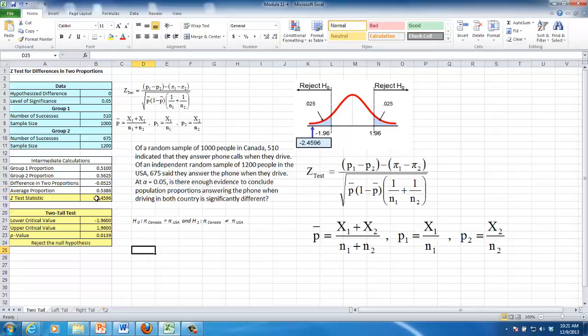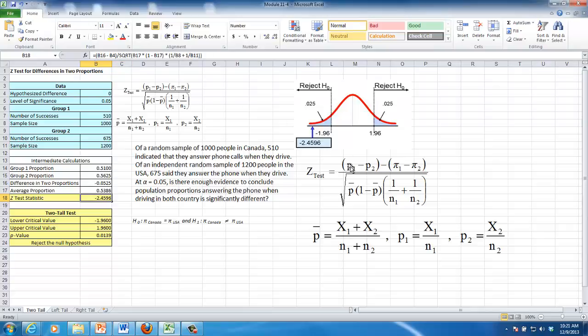Now let's get the z-test statistic. Basically this is B16, the difference in proportions right here, minus B4, which is 0, divided by SQRT, the square root of p-bar, which is B17, times 1 minus B17, times parentheses, don't forget parentheses, 1 divided by B8, the first sample size, plus 1 divided by the second sample size, B11. So let's take a look one more time.